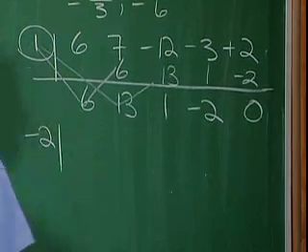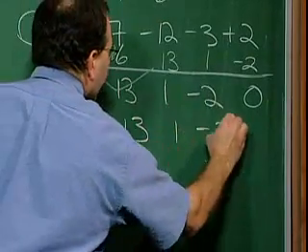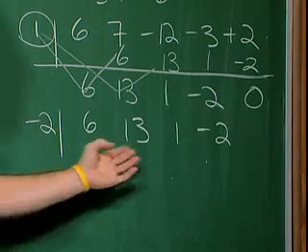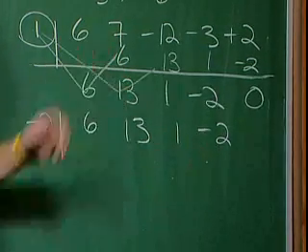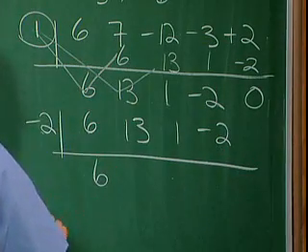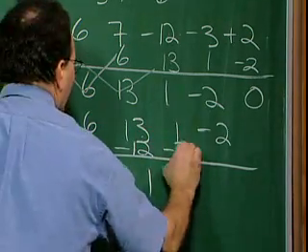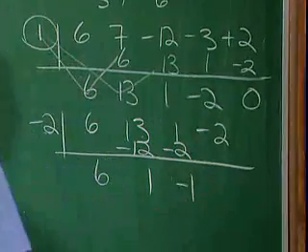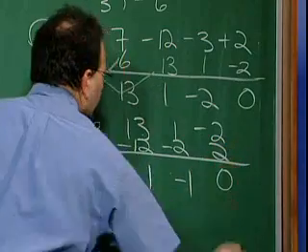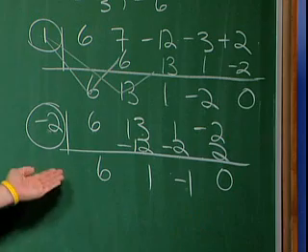And what we can do here is use the coefficients here and divide synthetically by the -2, because if -2 is a root of this, then it's certainly a root of the original one. So we bring down the 6, multiply -2 times 6 for -12, add them together for 1. -2 times 1 is -2, add them together for -1. -2 times -1 is +2, add them together, and we get 0, which tells us that -2 is also a root.